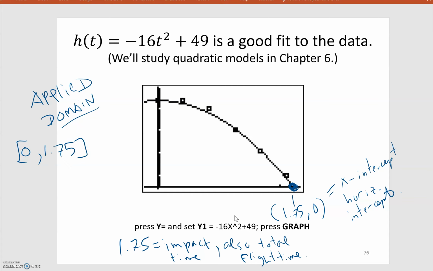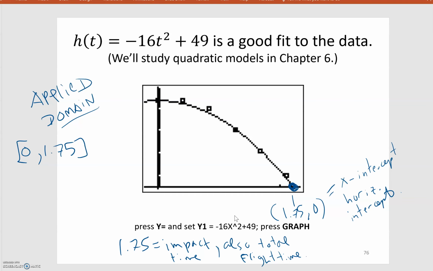And now why do we start? You can see that the function actually goes over here beyond 0, and would go over here as well beyond 1.75. But the point is that we don't care, because those are kind of like the limits of our study. We don't care what happens before we started the clock, and we don't care what happens after the ball hits the ground. So that's going to be our applied domain.